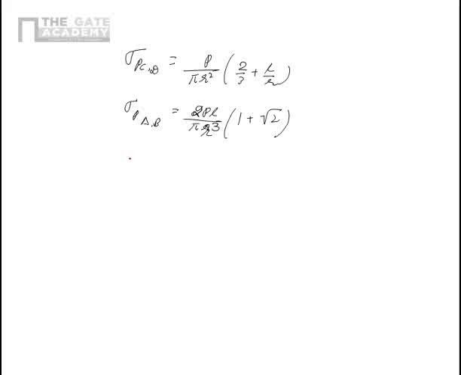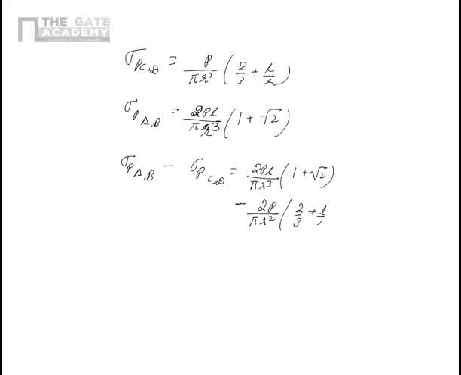I just say sigma principal AB minus sigma principal CD. If I do this, I get 2pl upon pi r cube times 1 plus square root of 2, minus 2p upon pi r square times 2 by 3 plus L upon R. If I subtract, this 2pl upon pi r cube and this 2pl upon pi r cube get cancelled out.